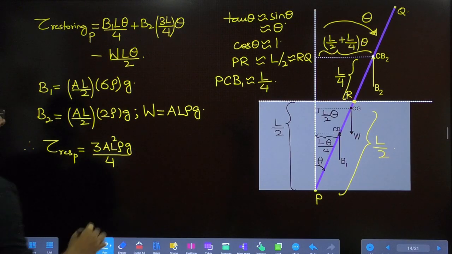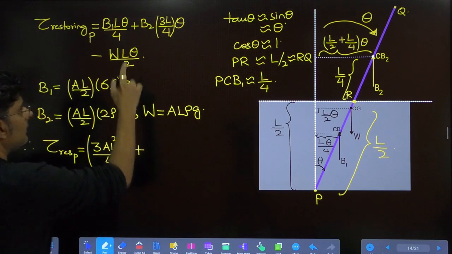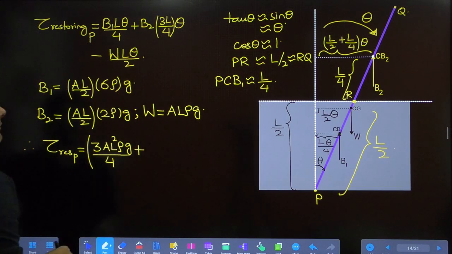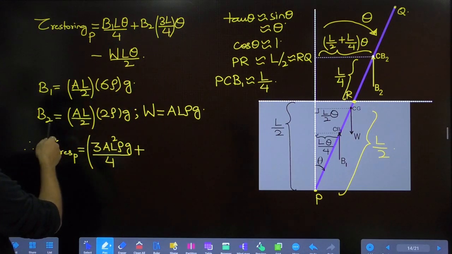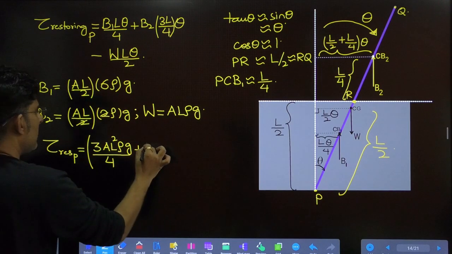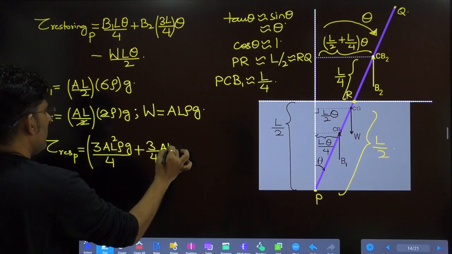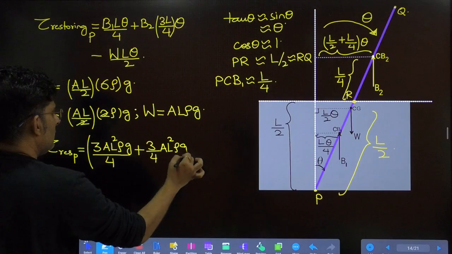Clear? Theta we can take common outside, plus B2 into 3L by 4. So 3 by 4 into B2. So first of all you can see here 2 cancel. So 3 by 4 AL square rho G. This is what we get.